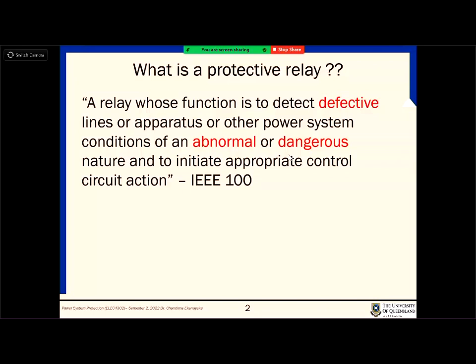First it detects the defective conditions and then takes appropriate actions to minimize the impact of that defect, right? So that is the last part of it: it initiates appropriate control circuit reactions. So every relay does the same thing. Now the next question is this.